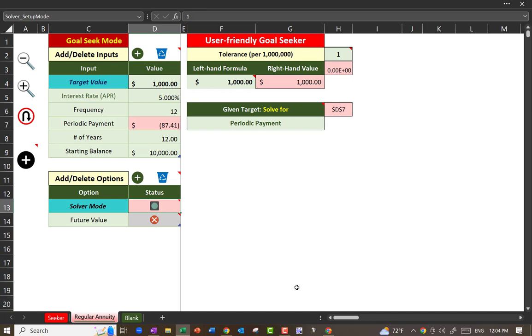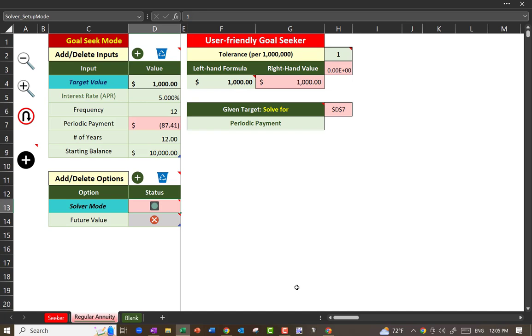And this, let me see what that means. In order to have $1,000 12 years from now, if I'm starting with $10,000 now, I need to withdraw $87.41 every month, which may be a problem that you may be interested in. Remember, a negative payment is a withdrawal from the account.